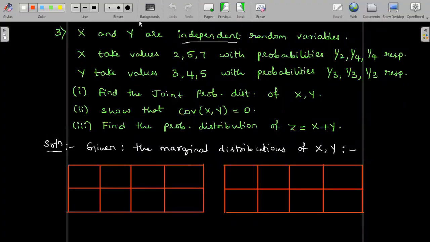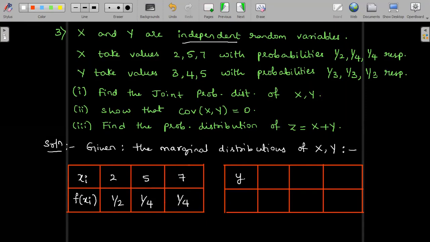Right, I prepared a marginal distribution table for X and Y. Let us fill the values of X and Y from the given data. X values, that is Xi, I can write down. It is given Xi values are 2, 5, 7 and the respective probabilities, that is f of Xi, are 1 by 2, 1 by 4 and 1 by 4.